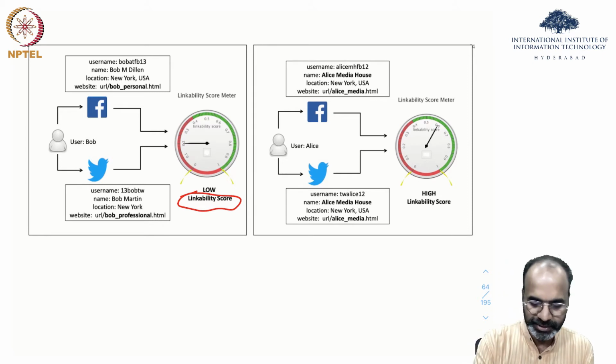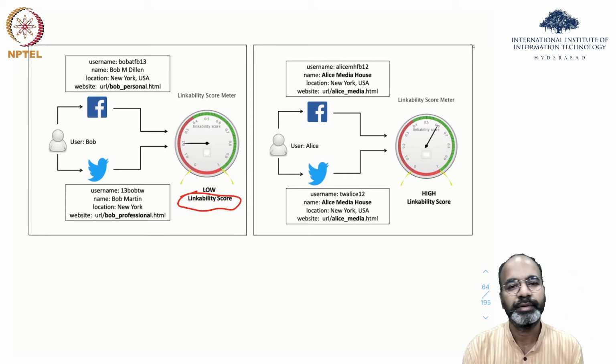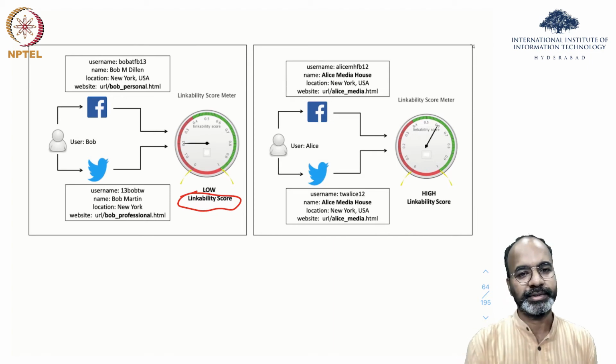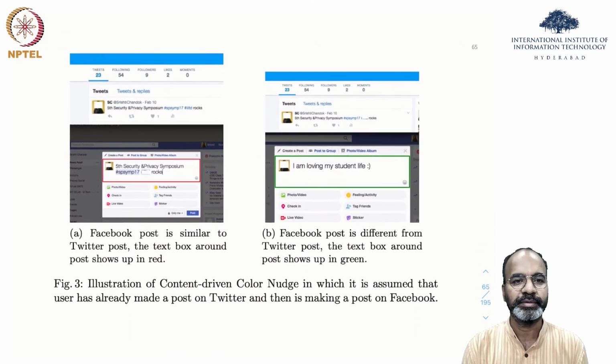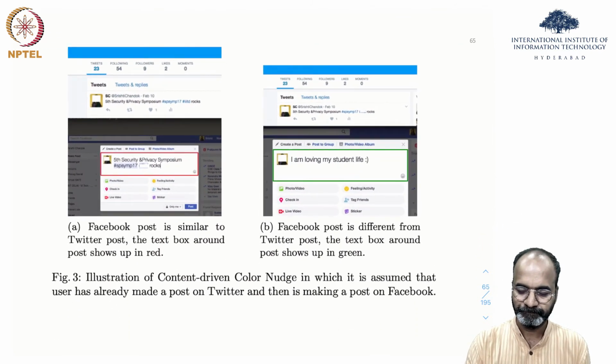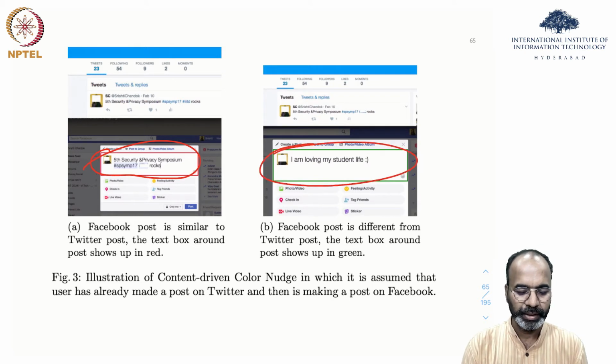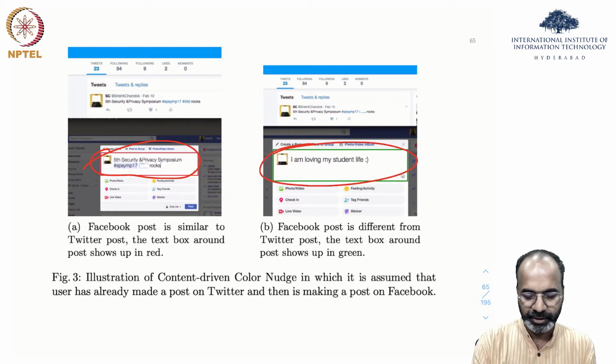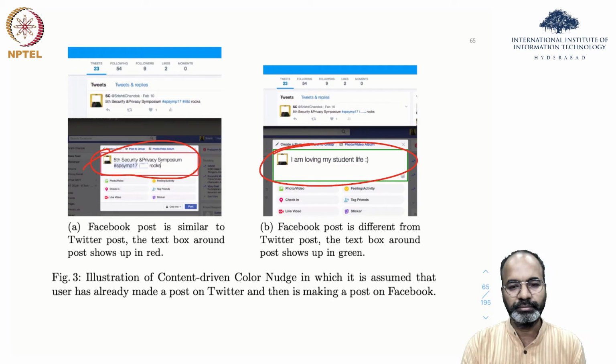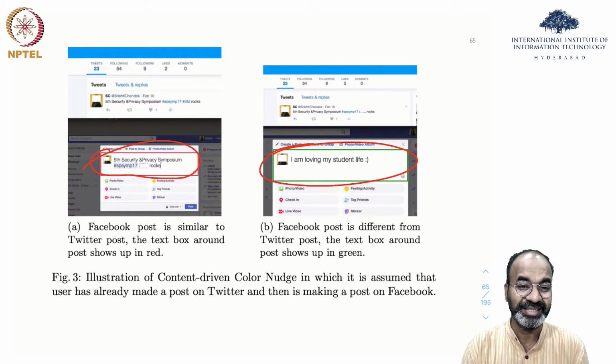So this is where this linkability score came in. You could actually find out what the linkability score is, given a user's handles on multiple platforms. This is the example I mentioned where the user can be nudged to say that, look, what you're posting is actually very similar to the post that you did on a different platform.